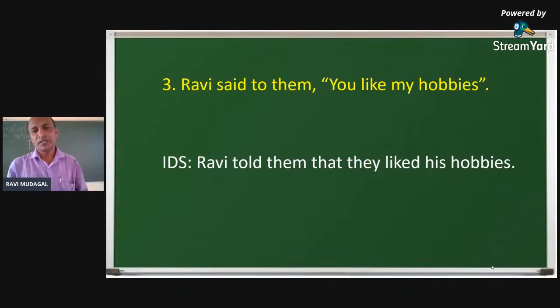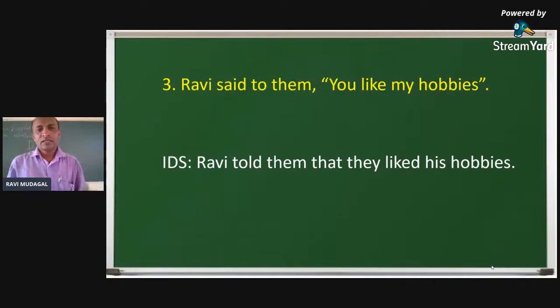While changing direct into indirect speech, the simple present tense is changed into simple past tense. You need to keep this rule in your mind. When you keep this important rule in mind, in the examination you will be able to change from direct speech to indirect speech. Right?